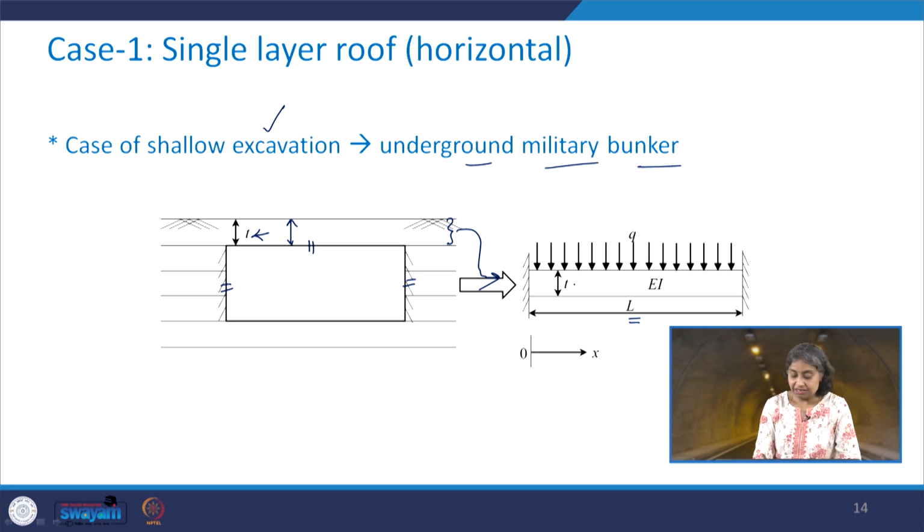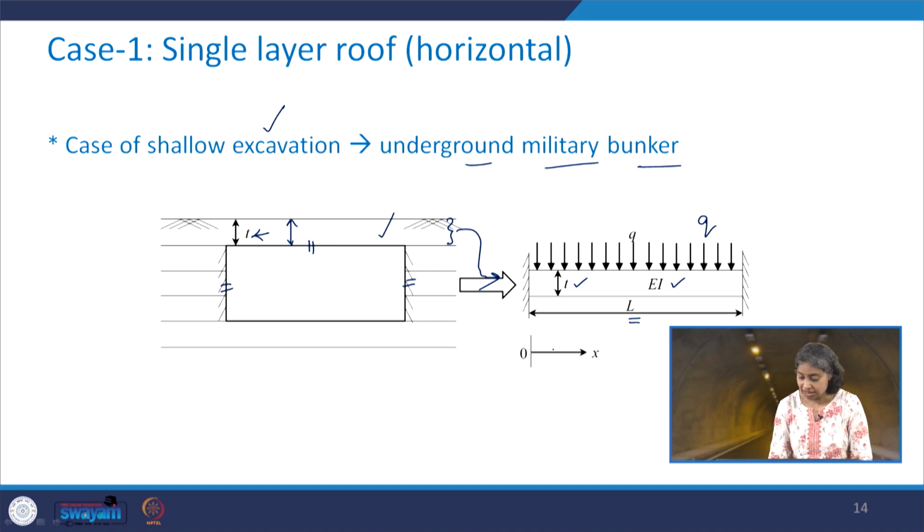It has the thickness T, it has the flexural rigidity of EI, and it is subjected to a uniformly distributed load, that is Q. Now, what will be the magnitude of this Q? That will be the weight of this beam, because the assumption involved is that every layer is deflecting under gravity only, that is under its weight.